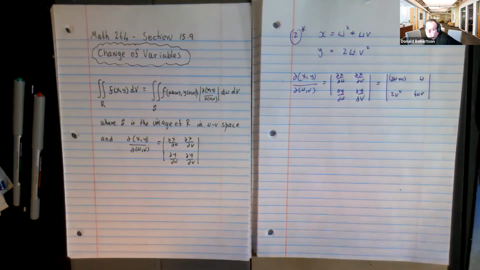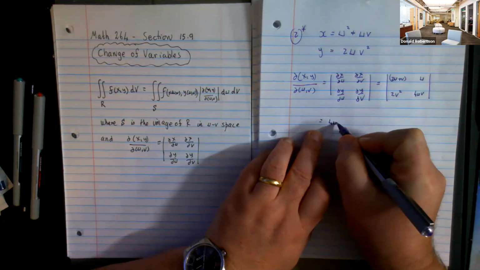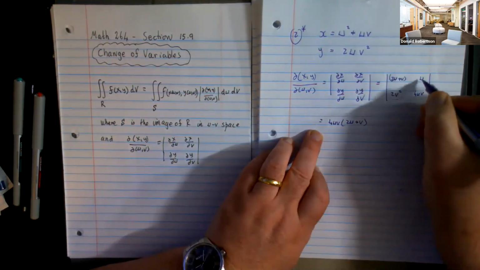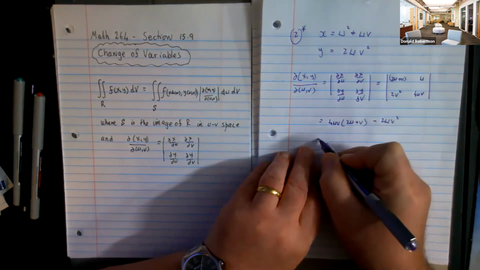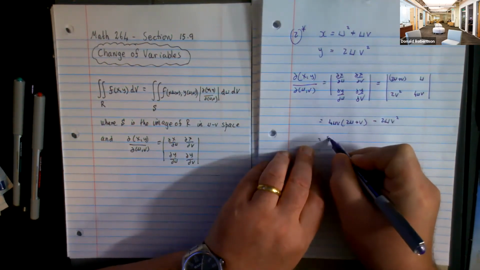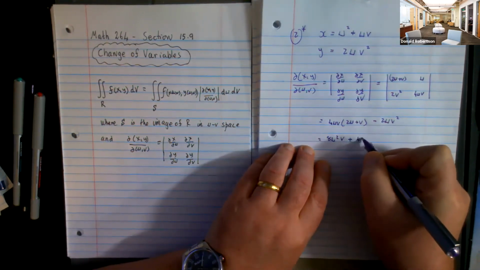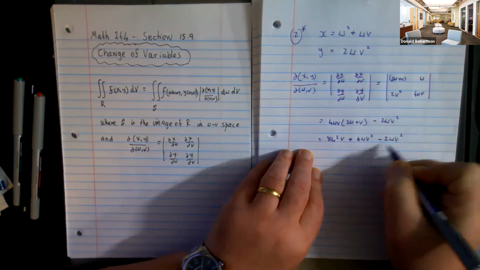Looks okay? Right. So, major diagonal: 4uv times this guy. Take away the minor diagonal. This times this gets me 8u squared v plus 4uv squared, take away 2uv squared.